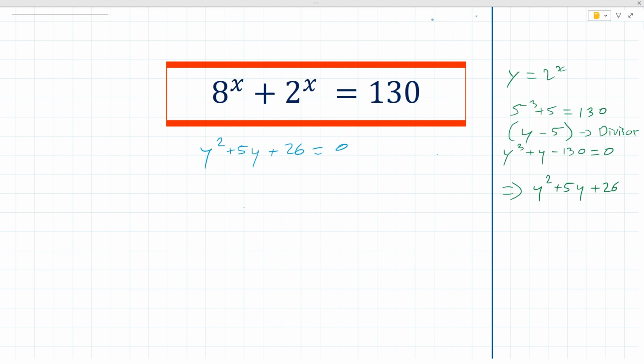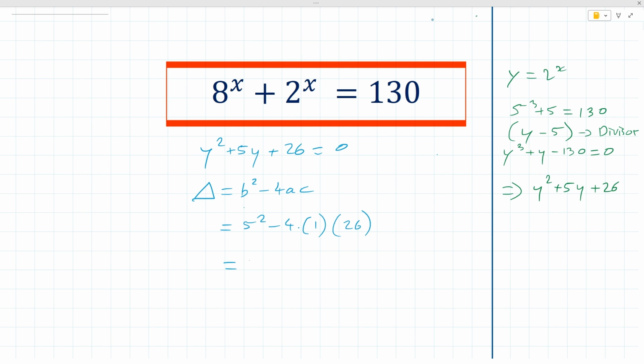And so it doesn't look like we have two positive factors which easily add up to positive 5 here. So we're going to use the quadratic formula when the solution is not obvious, and we'll say that the delta value is equal to b squared minus 4ac. In this case, the b value is 5, the c value is 26, and the a value is 1. So we can say that b squared is equal to 5 squared minus 4 times the a value, which is 1, times the 26.